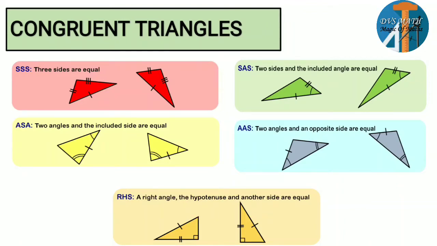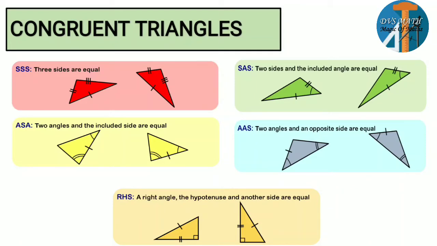AAS means two angles and the opposite side are equal. And finally RHS: one angle is 90 degrees, and the hypotenuse and one other side are equal. By using all these congruences, we conclude that the given triangles are congruent.